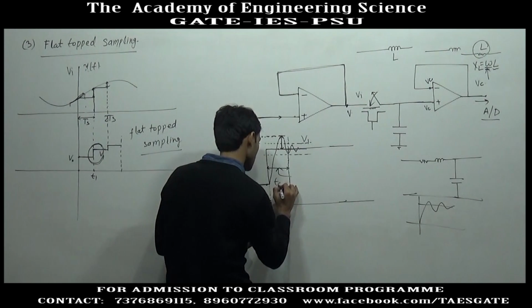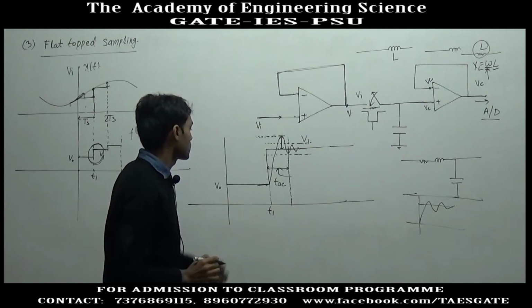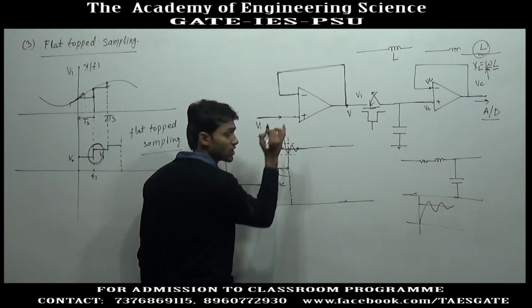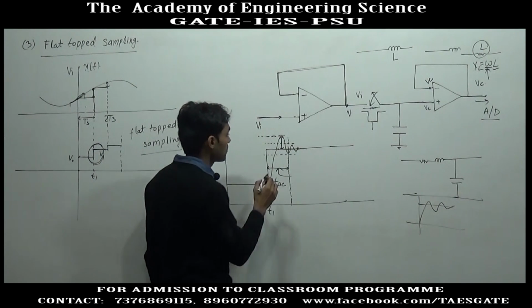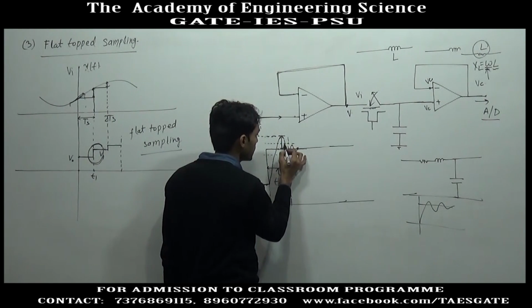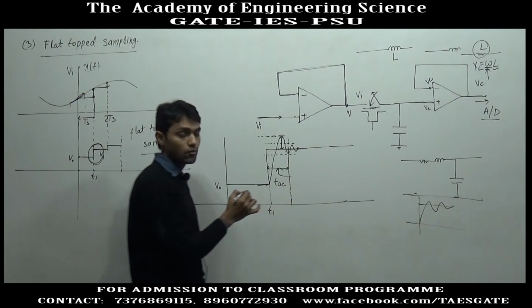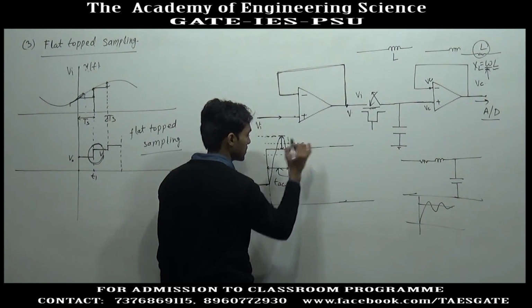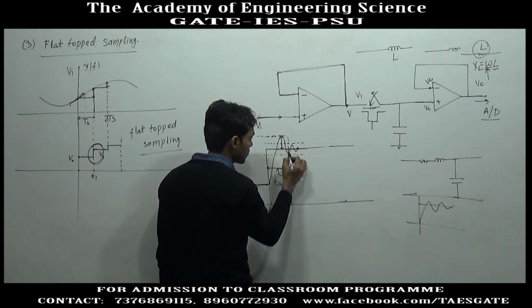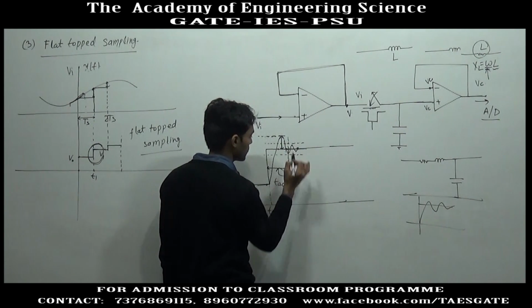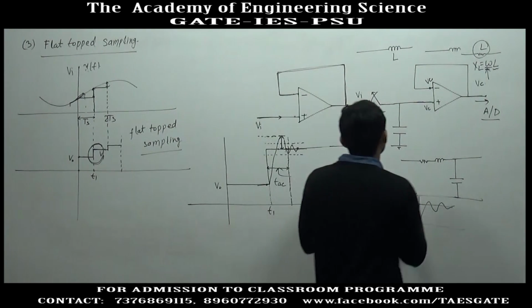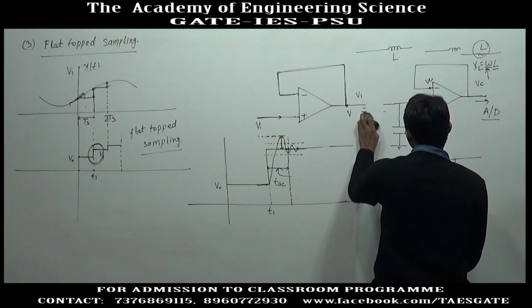This is T, suppose this is T acquisition time. So, we cannot open the switch at this point. The switch will be opened after the voltage across the capacitor comes in this range. Now, suppose at this point the switch is opened.